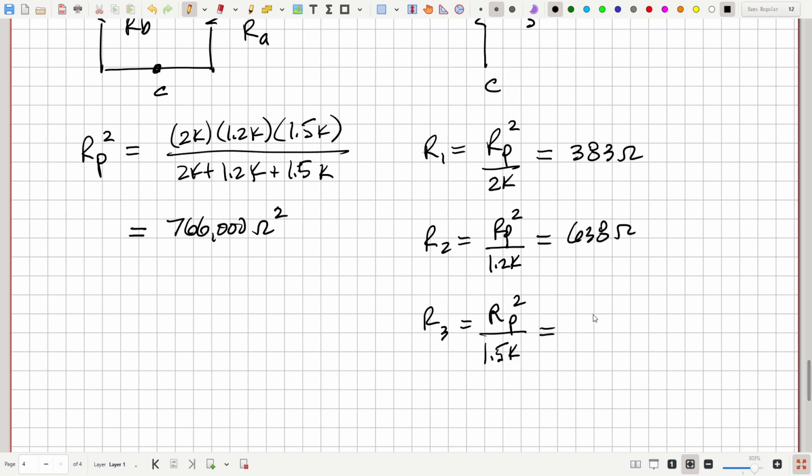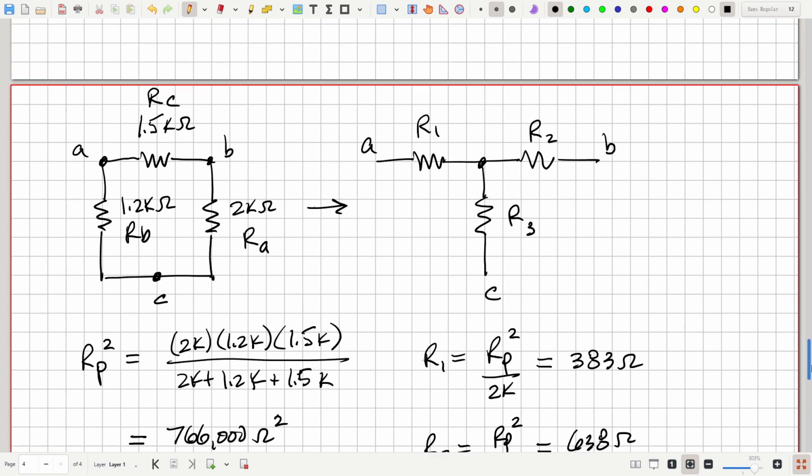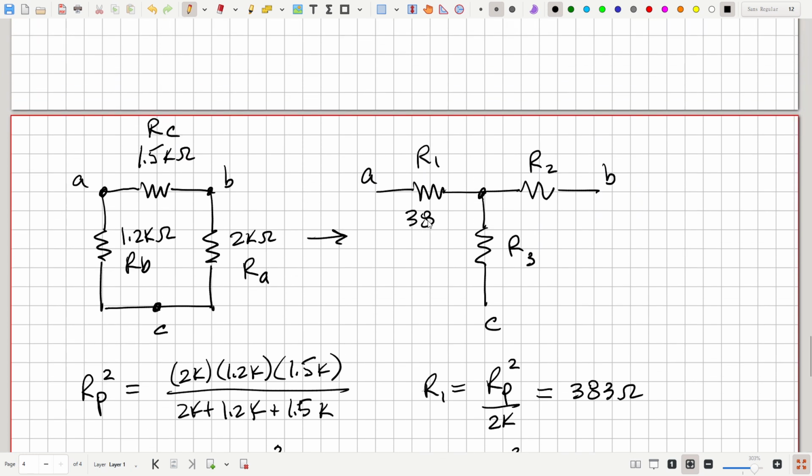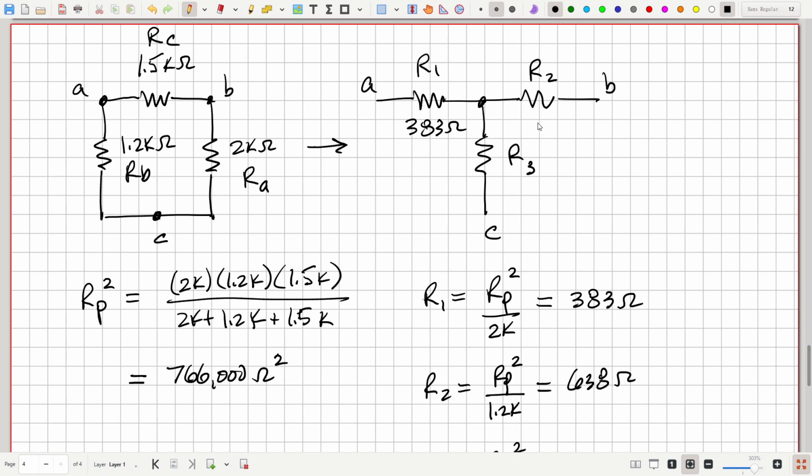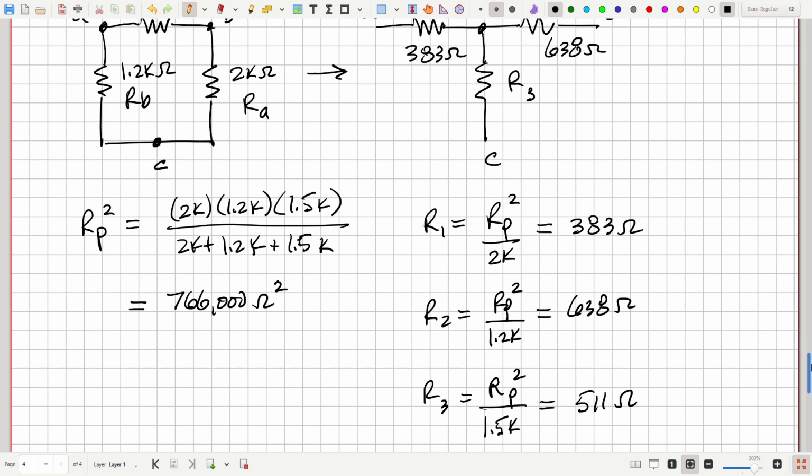And that is 511 ohms. These are all to the nearest ohm. So 383, 638, and 511.